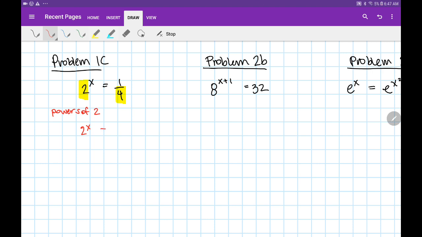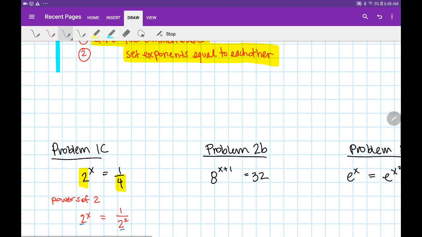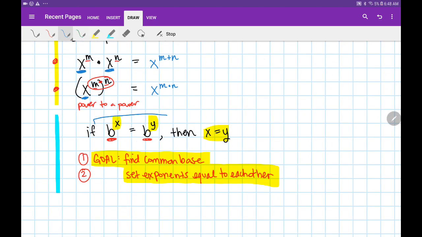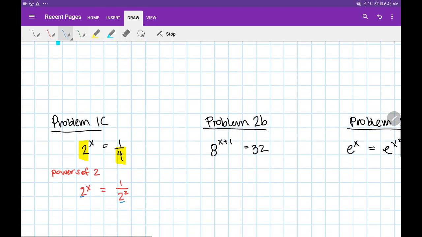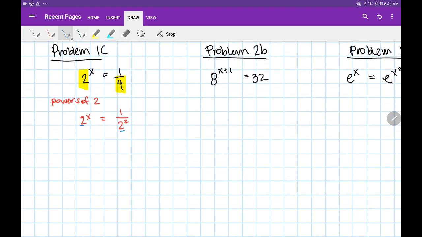So I'm going to handle this. In my next step, I'll rewrite these both as powers of the same base, my base being 2. Okay, but we're not quite done. We're not exactly in this form yet. So notice that this fraction is getting in the way.